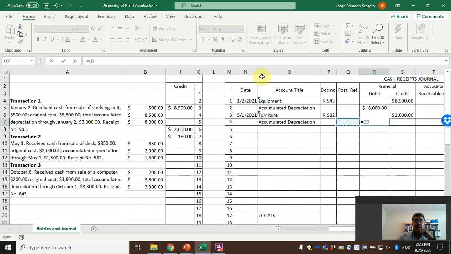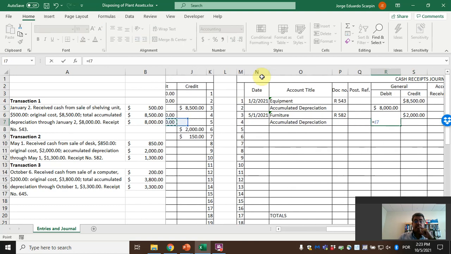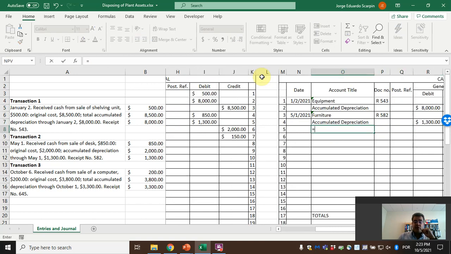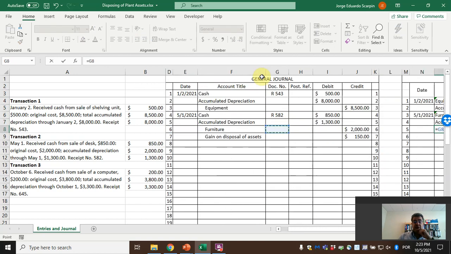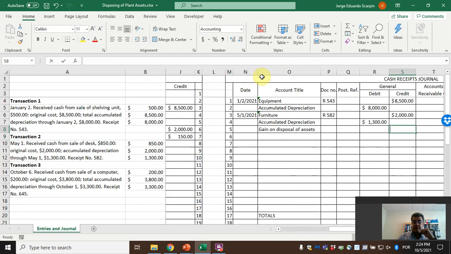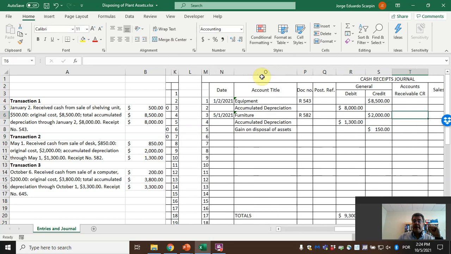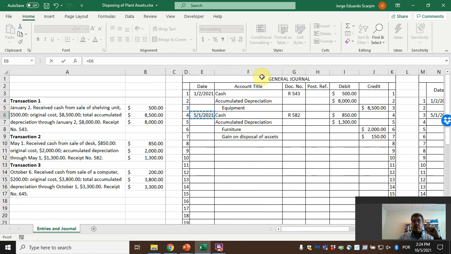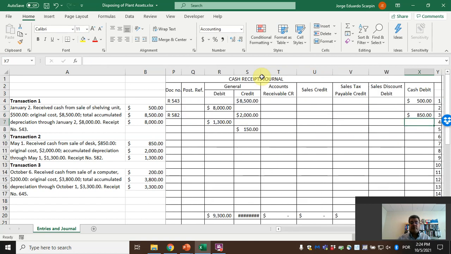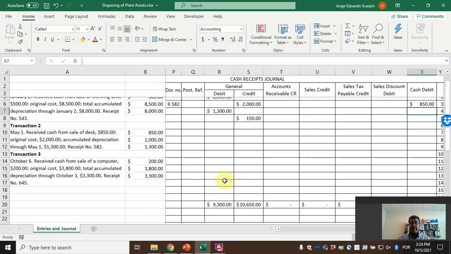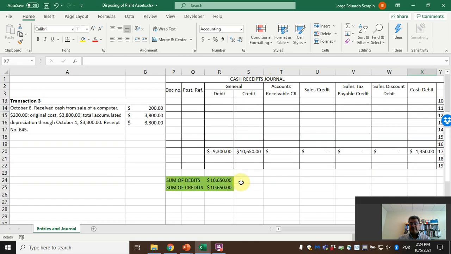That is a debit. And finally, the gain or loss. Here is a gain. So gain is a credit, $150. And the cash debit, $850. And sum of debits and credits, they are good.